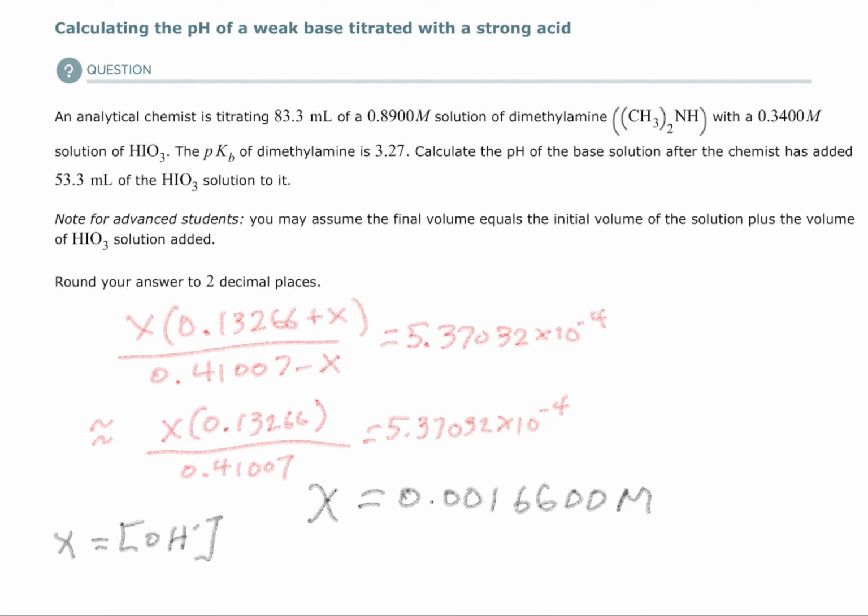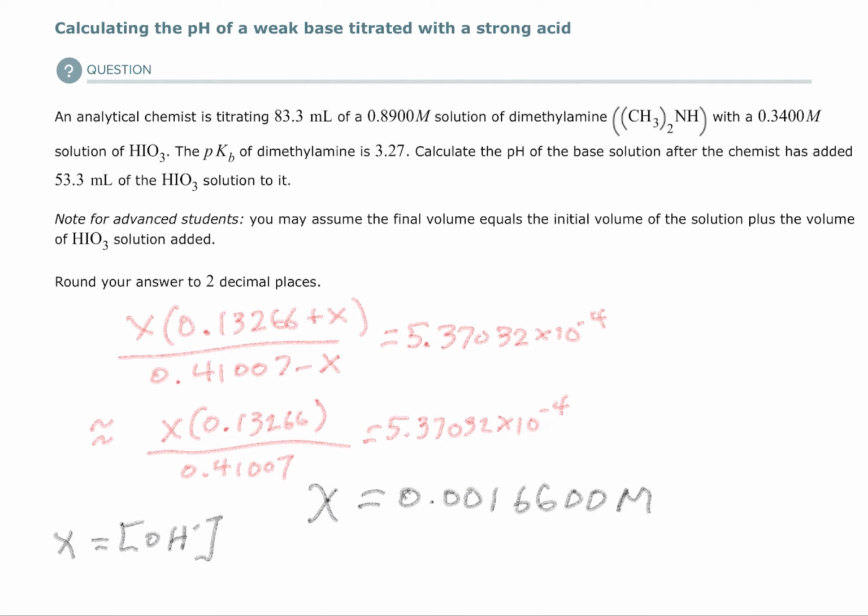I'm only making a tiny bit of product, and so for that reason I can assume that the amount of product, in this case the hydroxide that I'm making, is a teeny little bit. I bet it's 100 times less. So I'm just going to ignore these x's. I'm going to ignore the plus x and the minus x and just consider it 0.